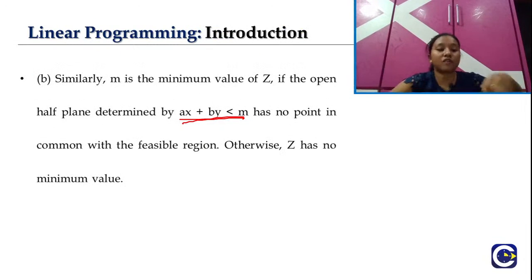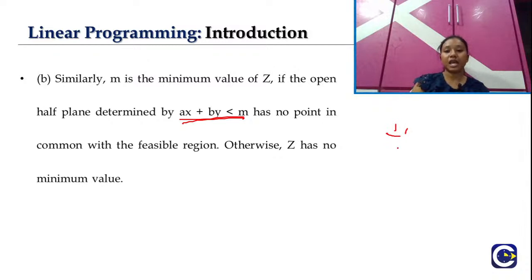The only thing you have to remember is: first, plot the graph and identify the feasible region, then figure out the corner points, then evaluate our objective function at each of the corner points and predict the maximum and minimum values.